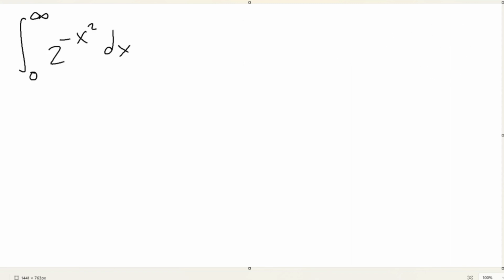Alrighty, we're getting a little more into the uncomfortable stuff now. Yes, it's just a bunch of constants, but we just have to deal with these annoying constants. So, how do we deal with this? That's not an e, that's a 2. Well, we can use the loophole log to help us. e to the ln of 2 times negative x squared.